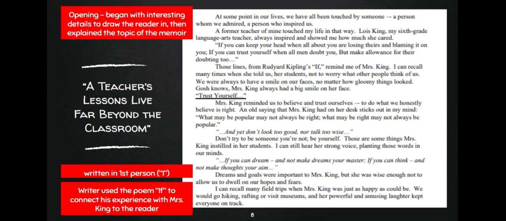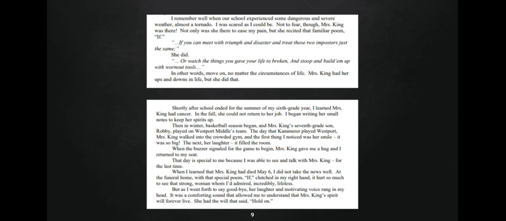And he's using the poem to connect his experience with Mrs. King to the reader so we can understand what Mrs. King was like. Okay, here's the rest of the memoir.